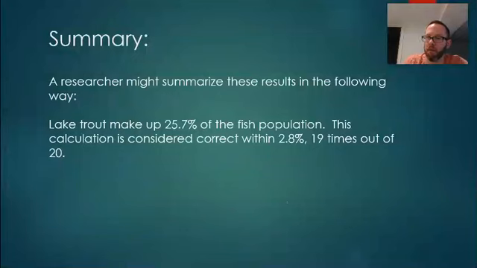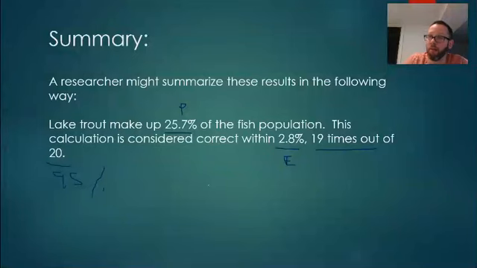Sometimes you'll summarize the results without actually saying the range of values. You could just say here's my P, this is my margin of error, and this is my confidence level. And remember, 19 out of 20 is just like 95%. So it's a nice tidy way to summarize a confidence interval question.